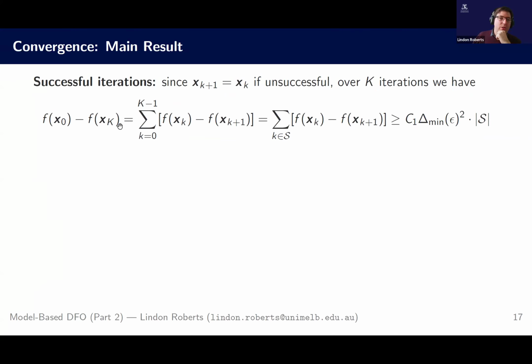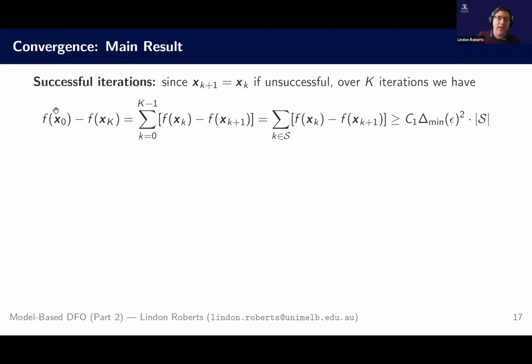We say, okay, over the course of k iterations, we've decreased our function by a certain amount at each step. So let's just add up our total decreases. But the total decreases only come from successful steps. On unsuccessful steps, we don't change x, so there's no decrease from those. So the total decrease we achieve can only come from successful steps. And the decrease at every successful step is proportional to delta squared. So the total decrease is this constant times the number of successful steps.